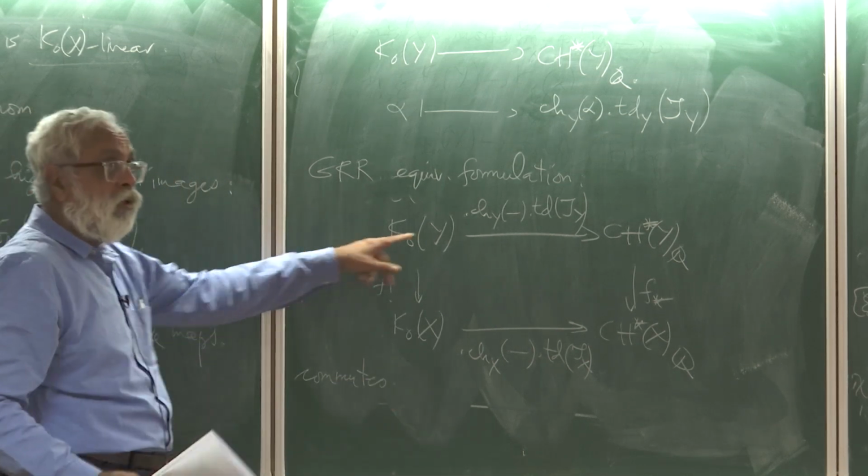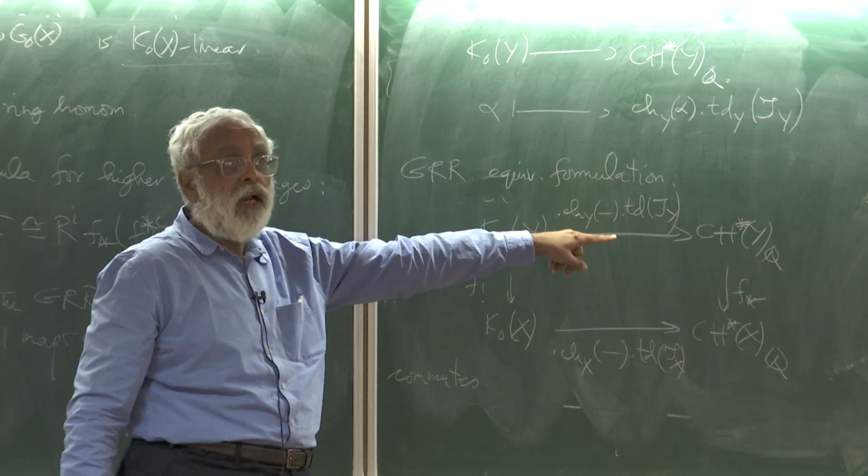So the diagram does commute, but don't take the Chern character. Take the Chern character multiplied by a unit.